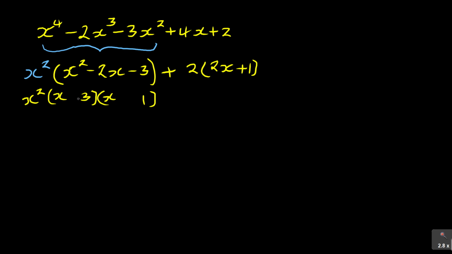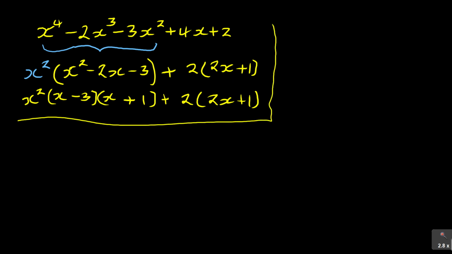Here it will be minus 3 and then plus 1, plus 2x plus 1. So I factorized it, there is nothing common, and it ends there. Alright, this is one way.